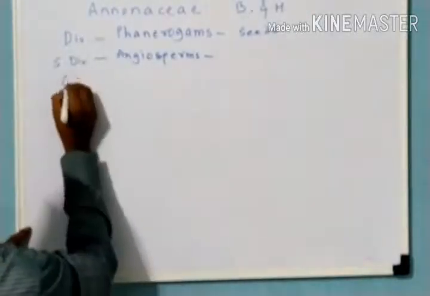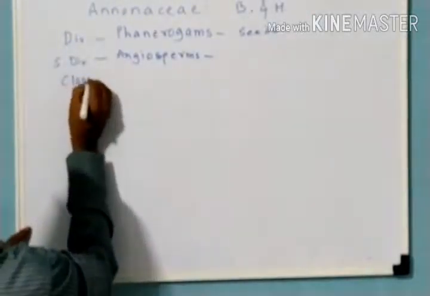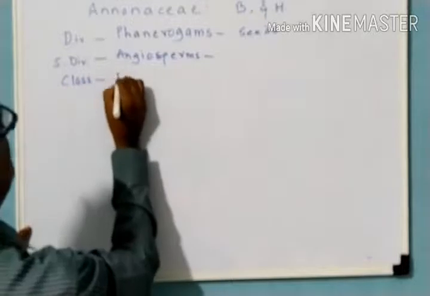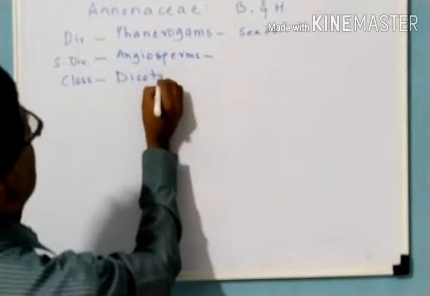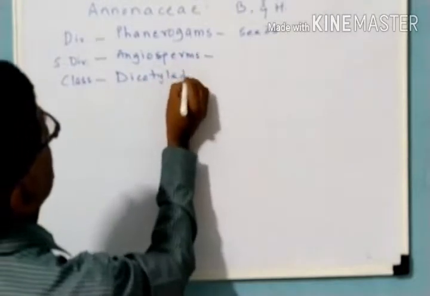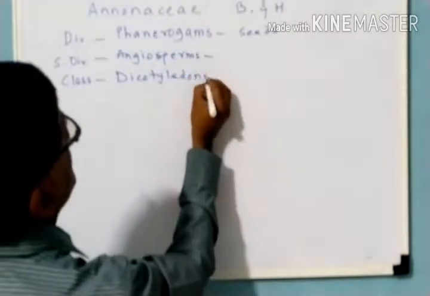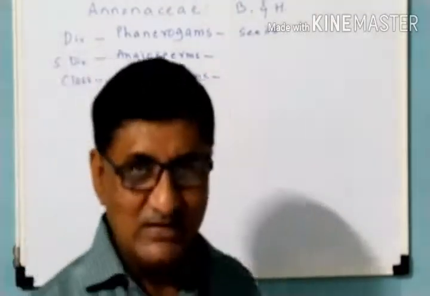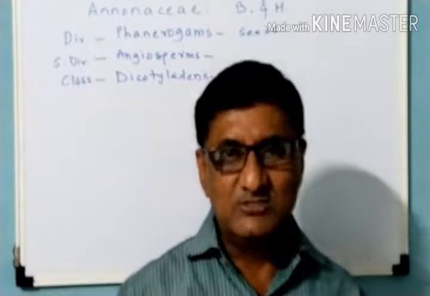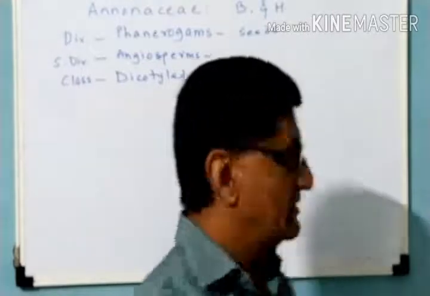Then class. This particular family belongs to the class Dicotyledons. The reasons for dicotyledons are leaves with reticulate venation, and there are two cotyledons in the seed.